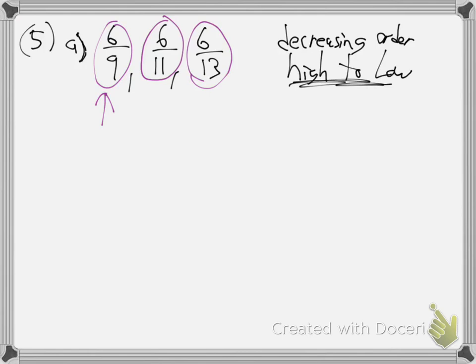Does that make sense? It's more than half, right? 6/9ths is 2/3. It's more than half, isn't it? And then 6/11ths, that's barely more than half, right? You with me on that? Just barely. 5/11ths would be under half, 6/11ths is just over, and 6/13ths, that's under. They're already in decreasing order, in other words. And we're done. The problem requires nothing.